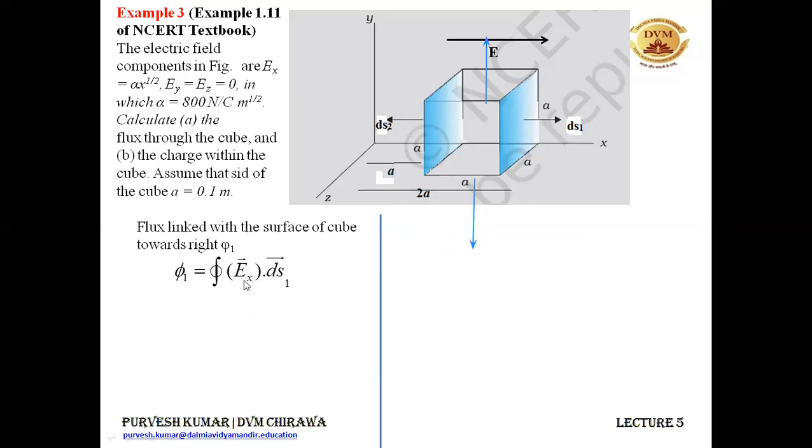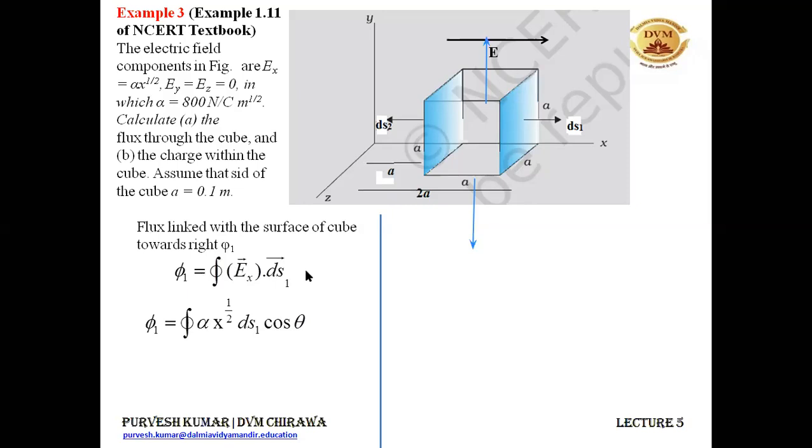All right. So it can be written as Ex ds1 cos theta. In place of Ex, you can write alpha x to the power half. So that's what I have written. ds1 remains the same, and cos of the angle between Ex and ds1. What is the angle between Ex and ds1?